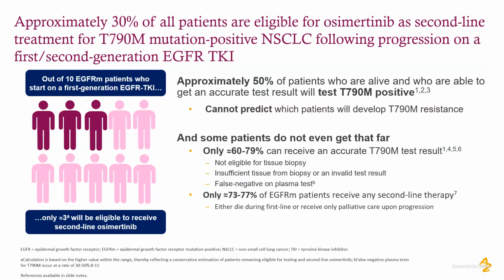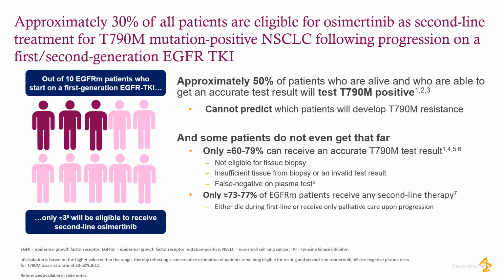Out of 10 EGFR mutant patients who start on a first generation EGFR TKI, only 3 will be eligible to receive second-line osimertinib. So around 7 patients in 10 will miss the benefit of osimertinib in second line if we use the first or second generation TKIs as standard of care in the first line. They will be missing the benefit they could get by using upfront osimertinib.